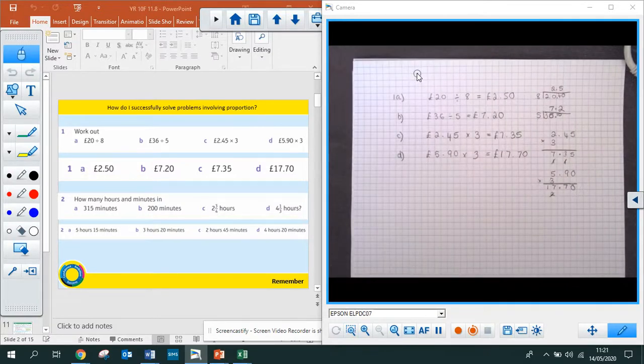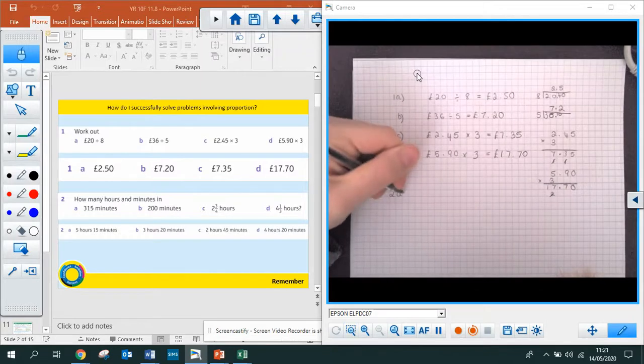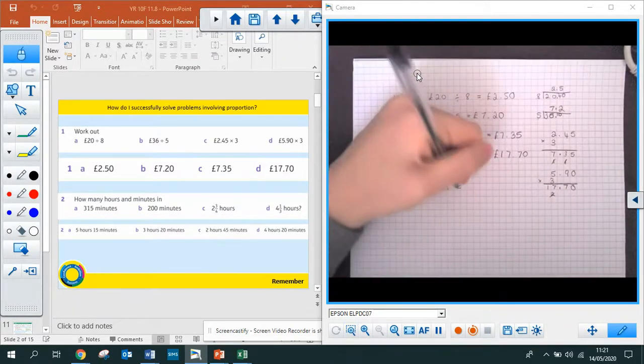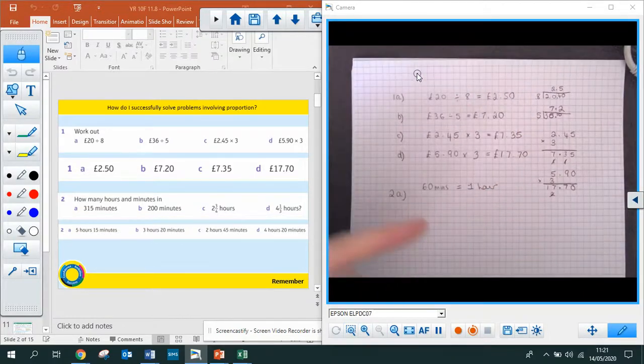Then we needed to work out how many hours and minutes are in 315 minutes. Okay, so how many minutes and hours are in 315 minutes? Now you could have done this in different ways, but you needed to know that 60 minutes is equal to 1 hour. Okay, you could have used division, but what some people find easier is to just add your minutes together.